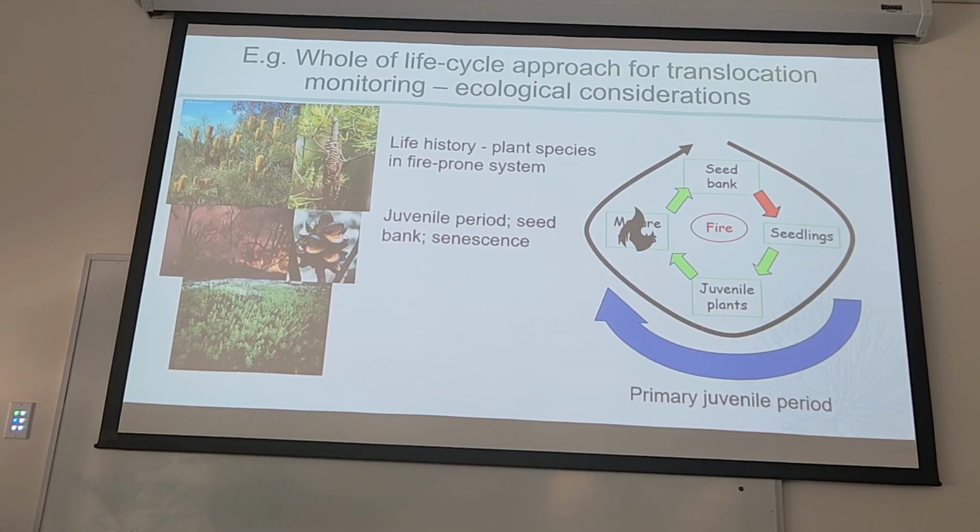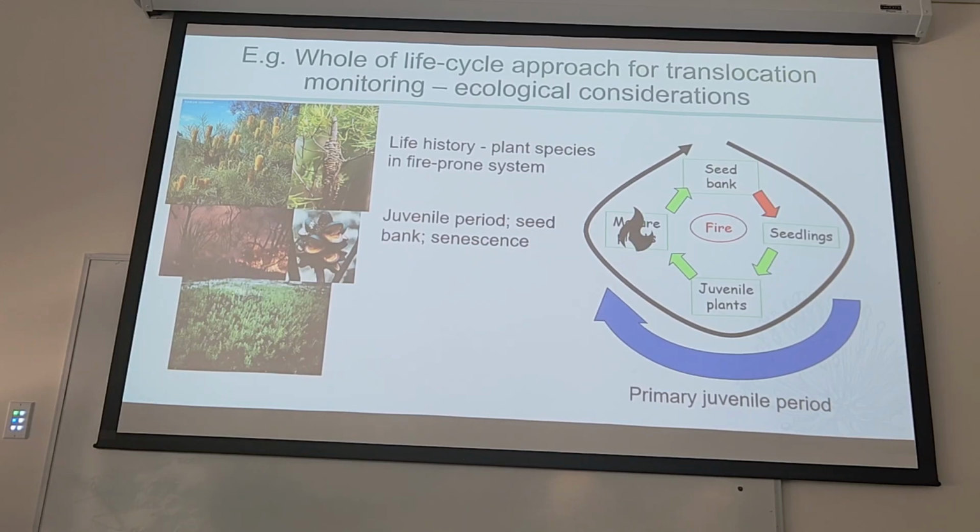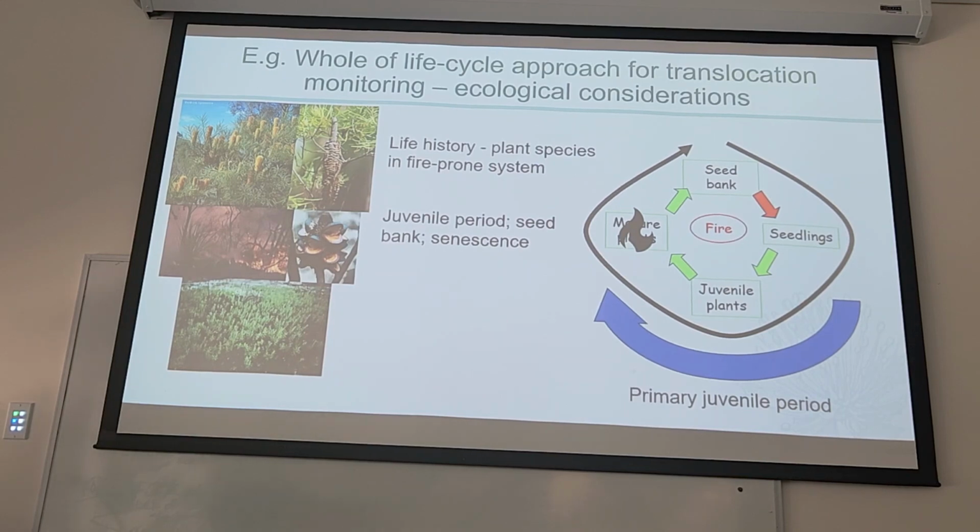You'll have to do some sampling, either taking it into a greenhouse to germinate or even sifting, if the seeds allow that. Understanding how much seed's going into the system is really important.